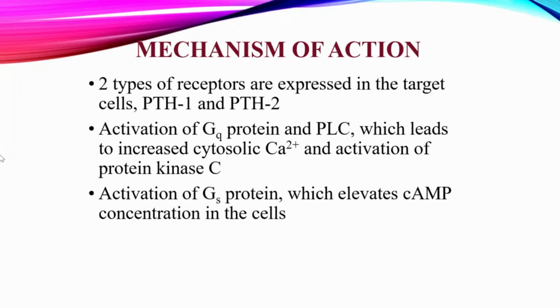The receptors of parathyroid hormone are heptahelical receptors coupled with G protein. When the hormone binds to the receptor, it activates the G protein, either of two: the Gq protein or the Gs protein.